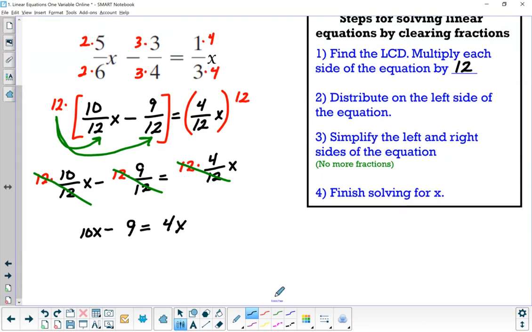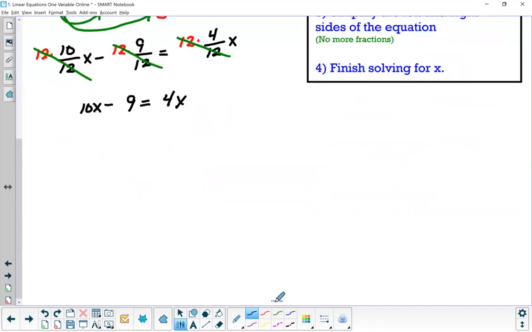Once you've cleared the fractions, you can solve this the way that you've been solving the other linear equations. I'm going to draw a line through my equal sign. I'm already simplified, so now at this point, I'm going to bring my variable terms to the right, which means that then I need to subtract 10x from each side.